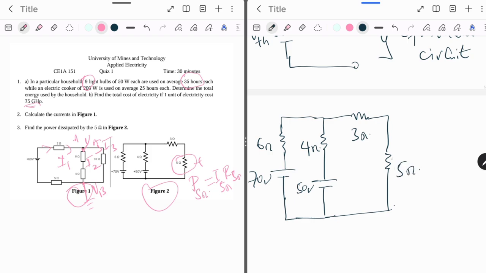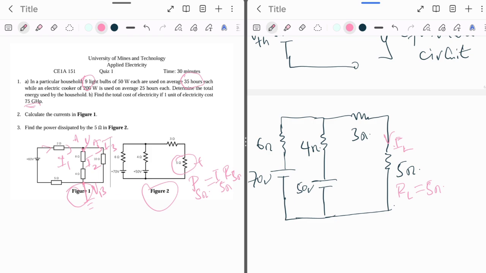Since we're interested in the current that is passing through the 5 ohms, this becomes our load, so the load here is 5 ohms, and that current becomes our load current.